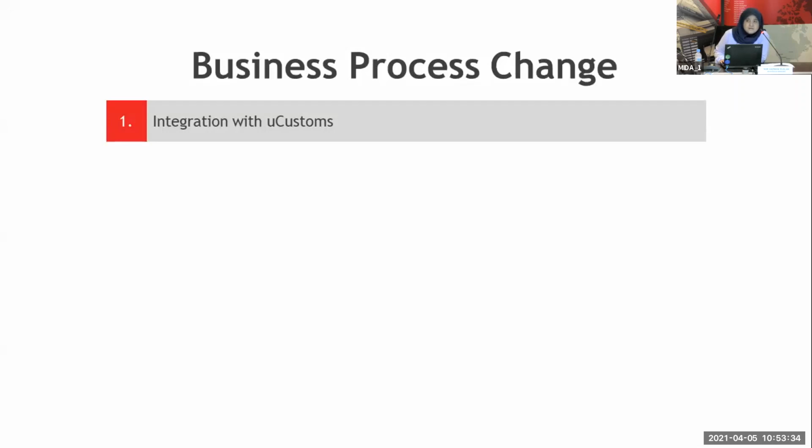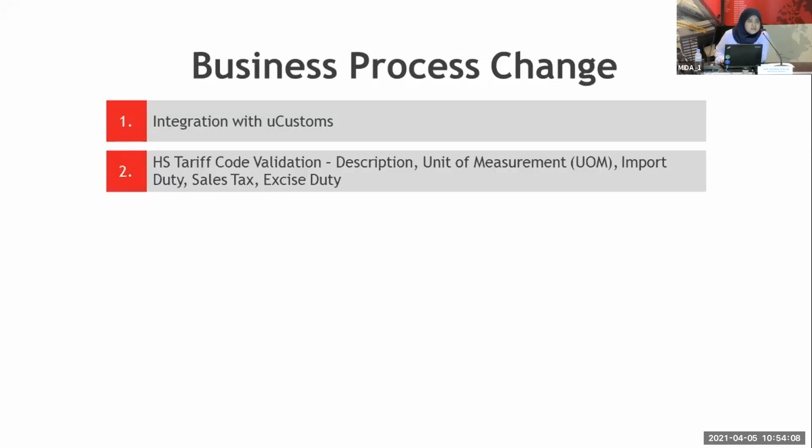It means that the submission information or submission data that the company keys in is sent to the UCustom system, and then the approved information, the approved application, is also sent to UCustom. So we have external integration with UCustom.